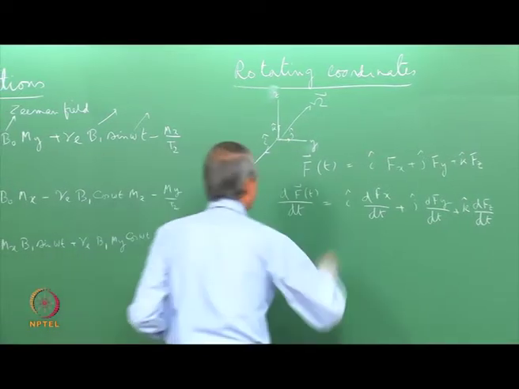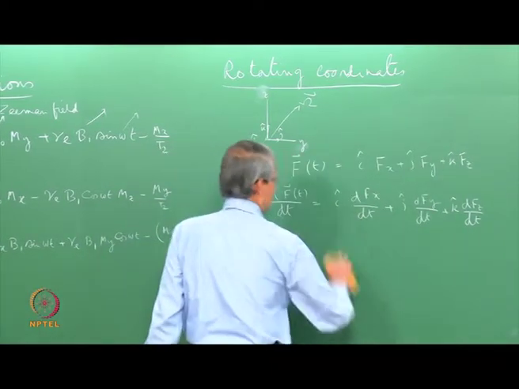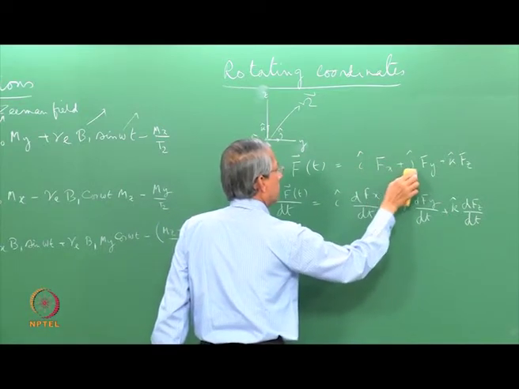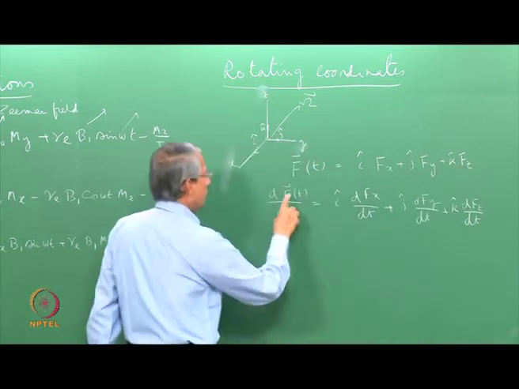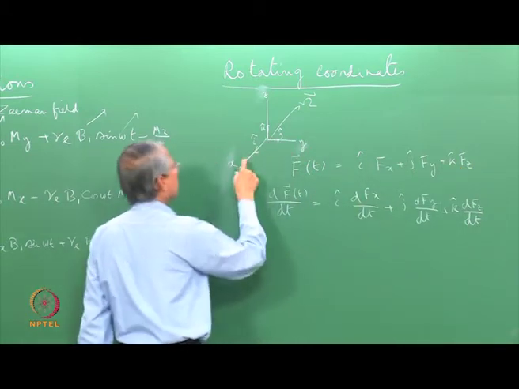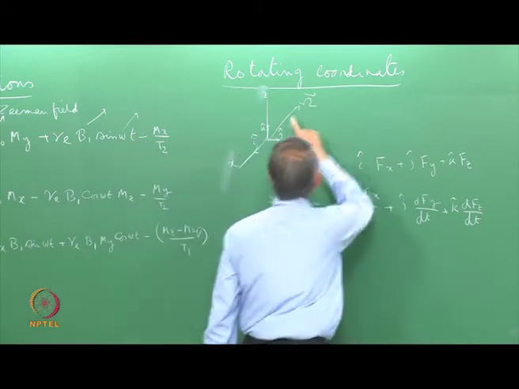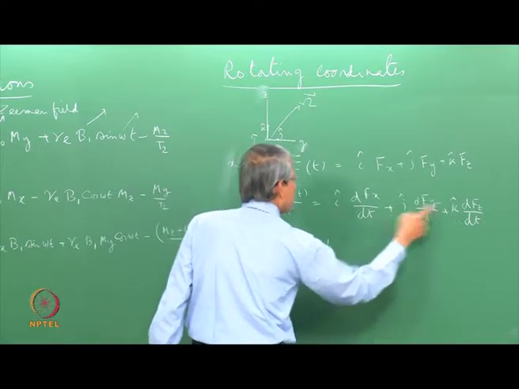Then I can write in a more general way that f is i times f x, j times f y, k times f z, but now this is the time derivative that I got with respect to the fixed coordinate x, y and z. Now, if i, j and k are also changing because of rotation, then I have to use another term here, which is the rate of change of this with respect to time.